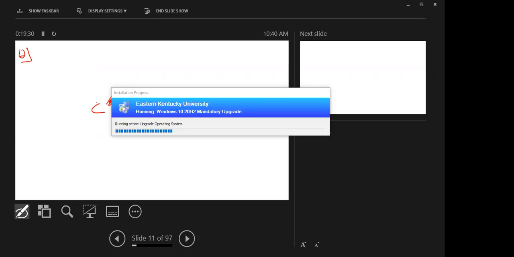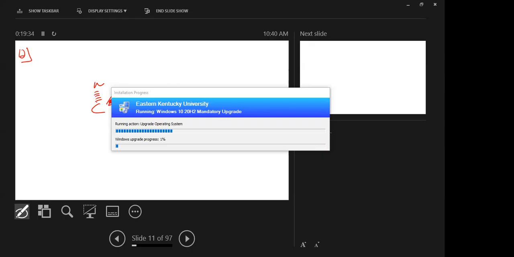Try to flip your structure so you can have it like mine. So the chiral centers are here and here. I'm looking at this one right here.